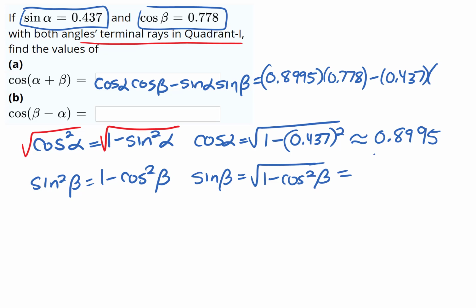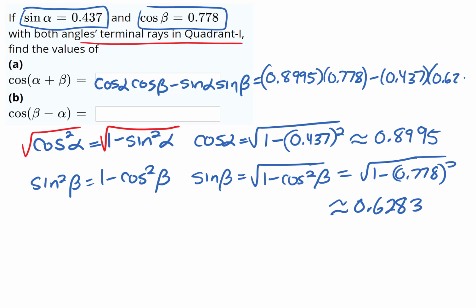So putting in the numbers there, I'm going to have the square root of 1 minus cosine beta, which is 0.778, squared. I'm going to put that in the calculator, and that's going to give me 0.6283, really close to the edge there.